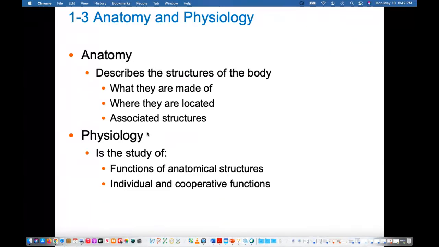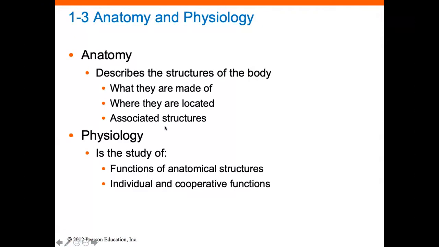And physiology is the function, how things are functioning. There are lots of dynamic studies that we could look at to determine how things are functioning. We can look at blood chemistry as well to see how things are functioning. So structure determines function.